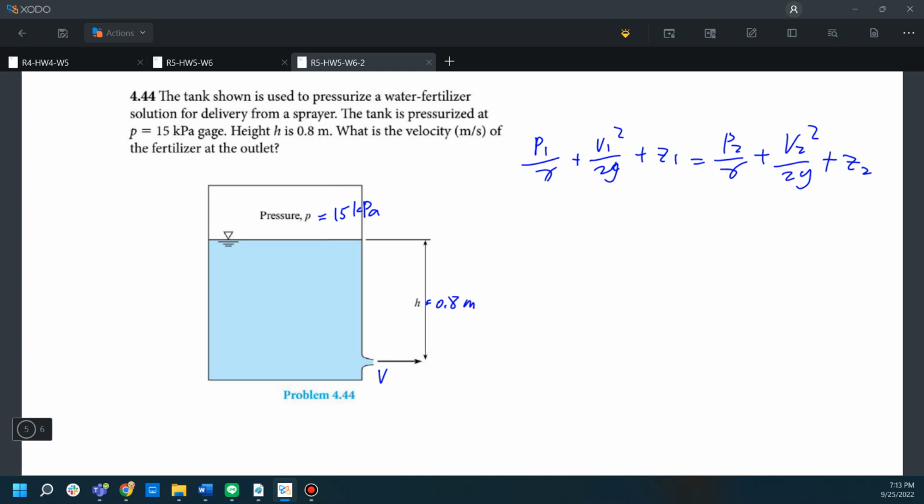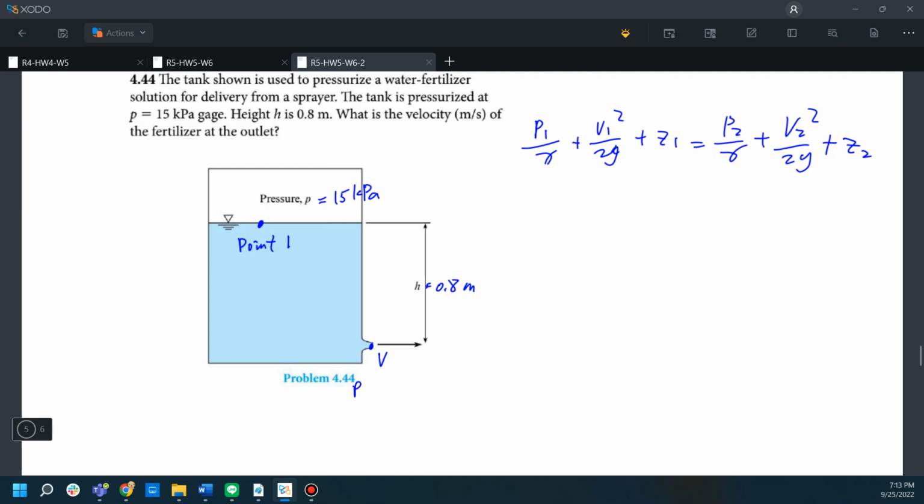And let's first define point 1 to be the surface of the water, and point 2 at the outlet. And again, we will define the datum at this point 2. This is equal to 0.